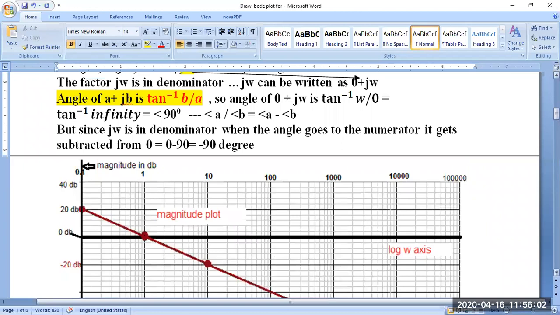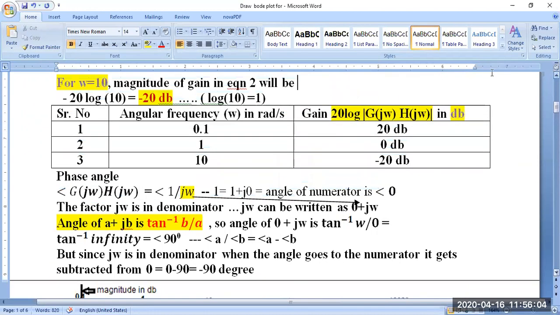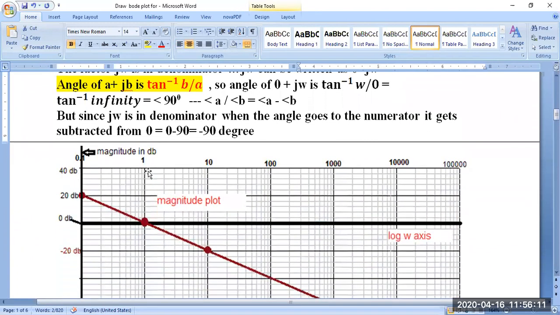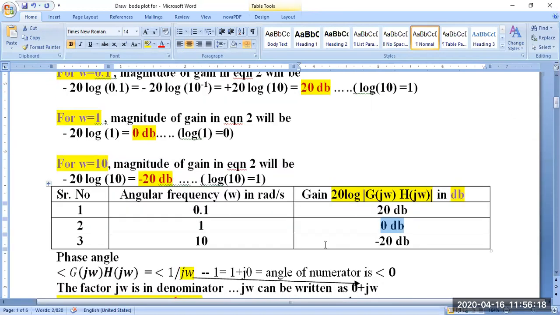For omega equal to 1, see the table. For 1, it is 0 dB. So for omega equal to 1, it is 0 dB. So there is a dot here. For omega equal to 10, there is minus 20 dB.